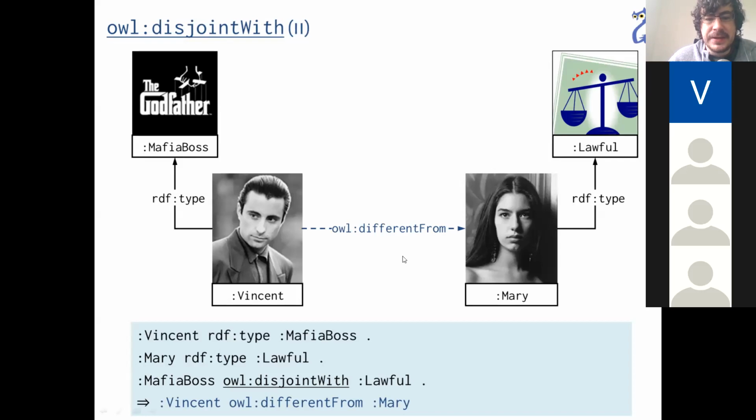This is what I meant earlier when I said that maybe we'll define different from in certain cases that are easily mixed up. But for the most part, these different from relations are going to be inferred from, for example, disjoint with definitions or from other types of definitions, where two things must be different, because if they were the same, it would lead to an inconsistency. So here we can entail that Vincent's different from Mary, and of course, Mary different from Vincent.